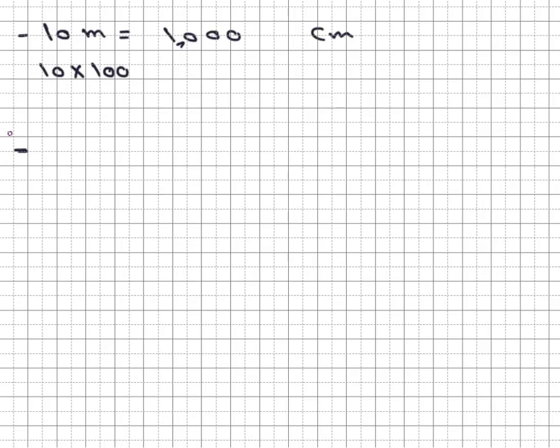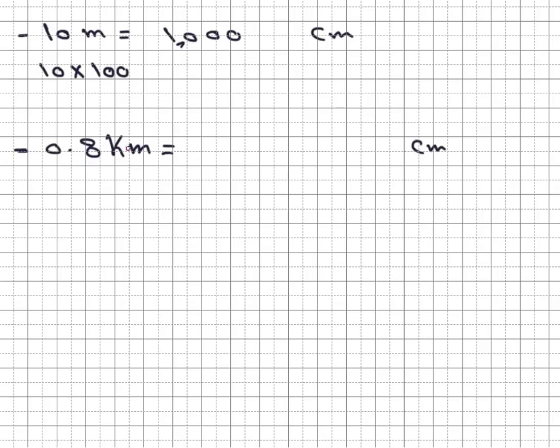Another, if we have 0.8 kilometer and we want to convert kilometer to become centimeter. If we don't know the relation between kilometer and centimeter, how can we solve this kind of problem? But we know the relation between kilometer and meter.